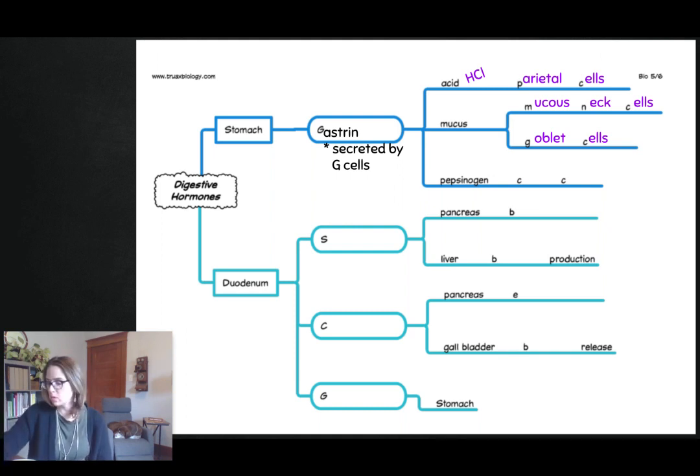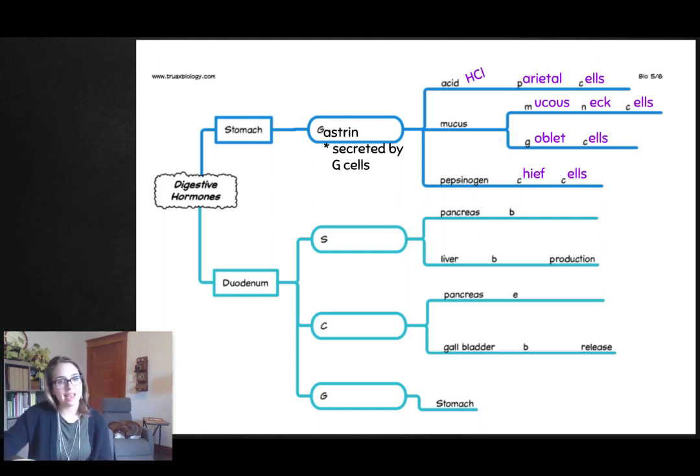Anytime we've got our mucosal layer or mucus membranes in our body, goblet cells are usually the ones secreting those kinds of mucus. And then pepsinogen, which gets activated and turns into pepsin, is secreted by your chief cells, and those chief cells are secreting pepsinogen as well. So gastrin has an effect on these different cells, the parietal, the mucus cells, the goblet cells, the chief cells, to secrete their secretions.